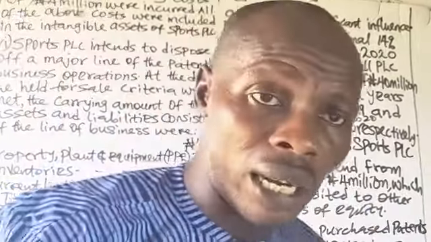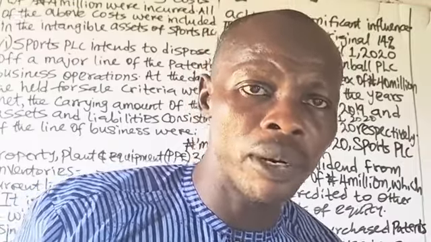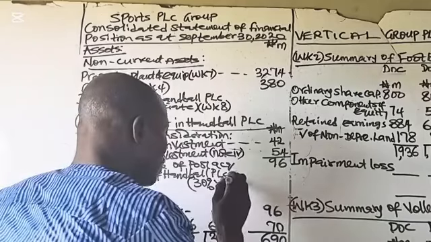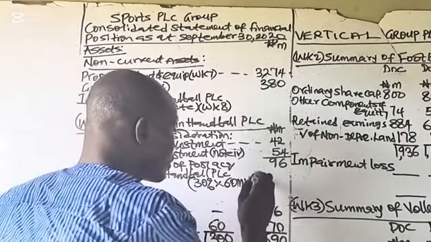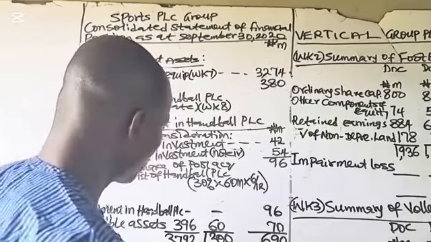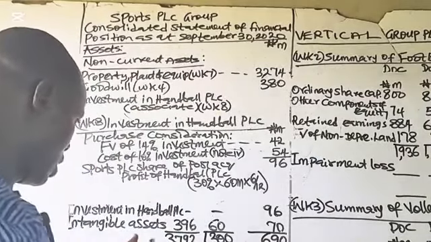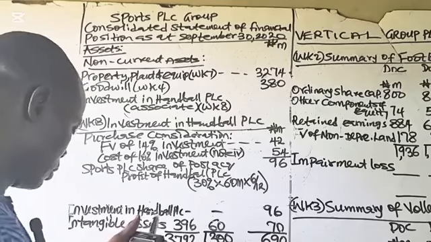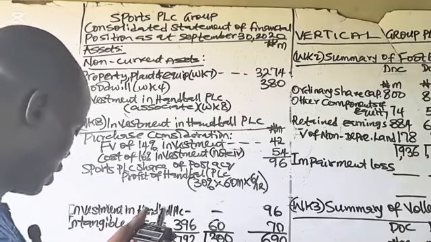I've told you, unless stated otherwise, profit is assumed to have accrued evenly over the period. So now let's take 6 months from this 60 million. That will be 30% of 60 million times 6 divided by 12.